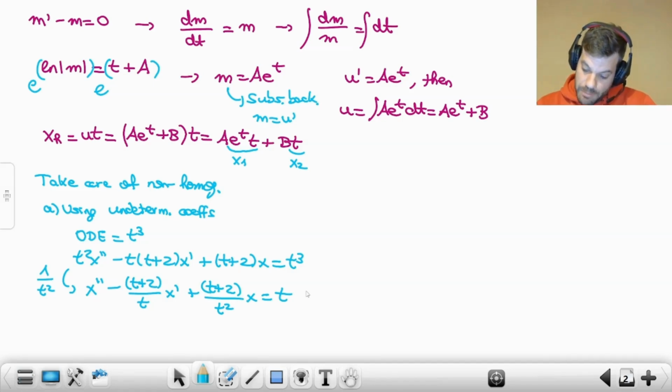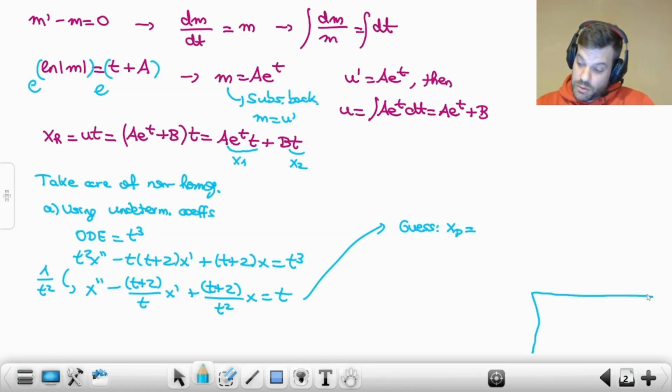So based on the non-homogeneous part, our guess for the particular solution is, remember the rules. Side note, I'll include the rules in the bottom right corner. When guessing our particular solution, sines and cosines always in pairs.